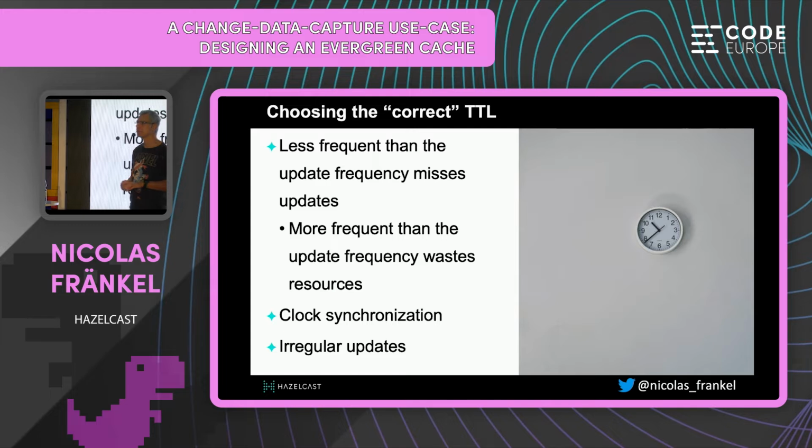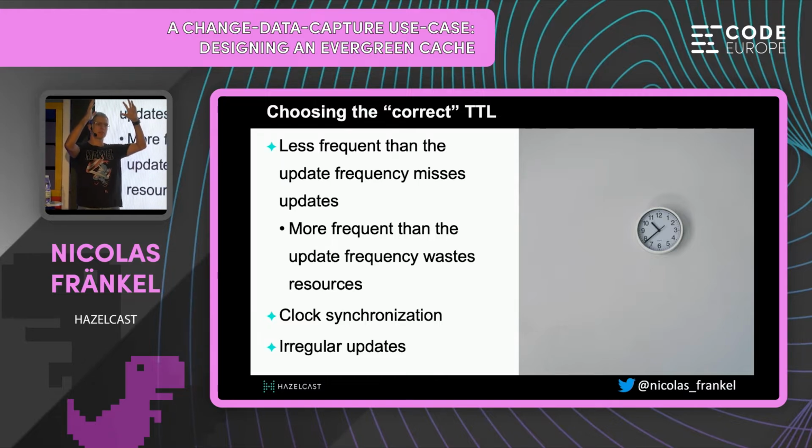If I say 2 hours, that means that during 1 hour, I will have data that I know is wrong in the cache. Not good. On the opposite side, if I say 30 minutes, I will run one extra fetching, which is not necessary because I know that the data has not been changed.